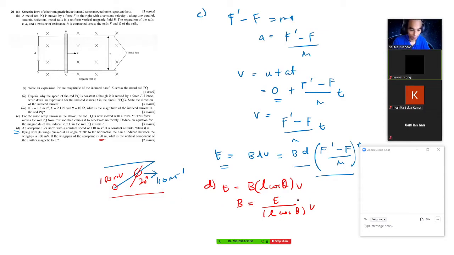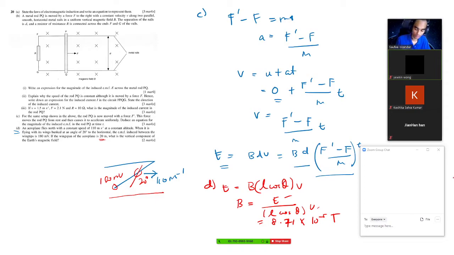If you substitute everything, you have B equals 8.71 times 10 to the power of negative 5 Tesla. So the Earth's magnetic field component is 8.71 times 10 to the power of negative 5 Tesla. Any question?